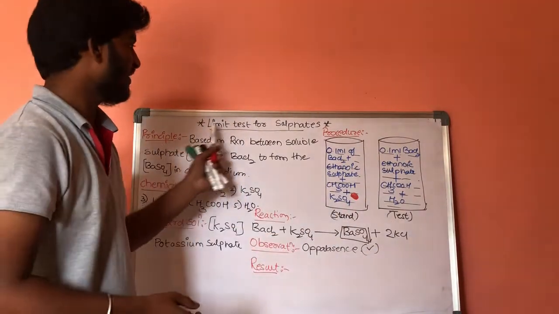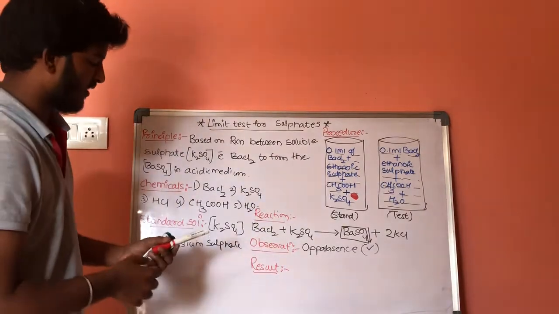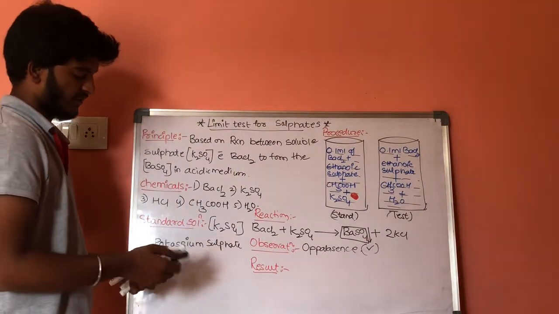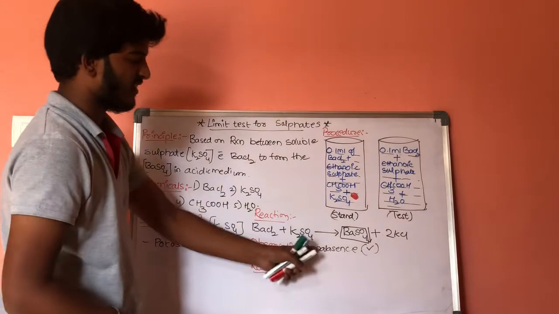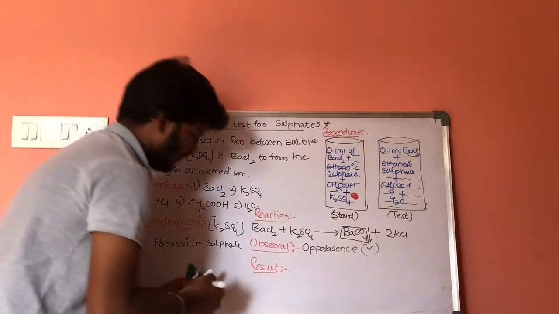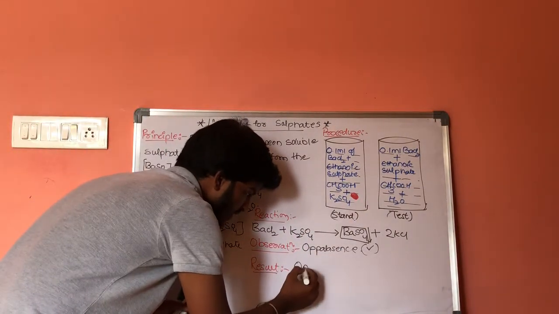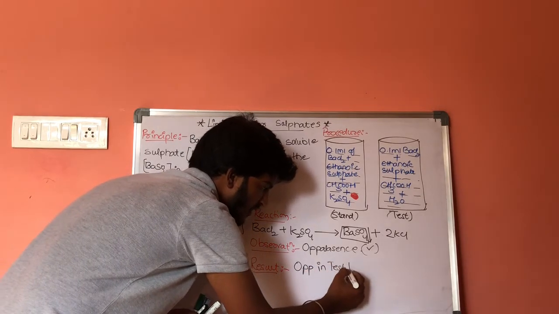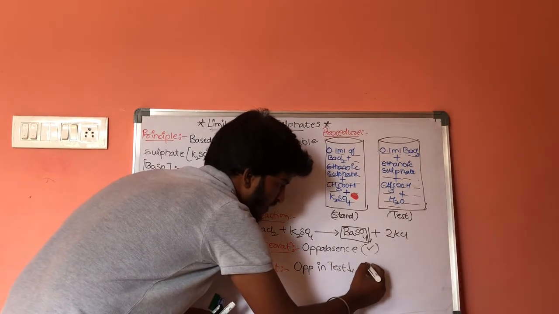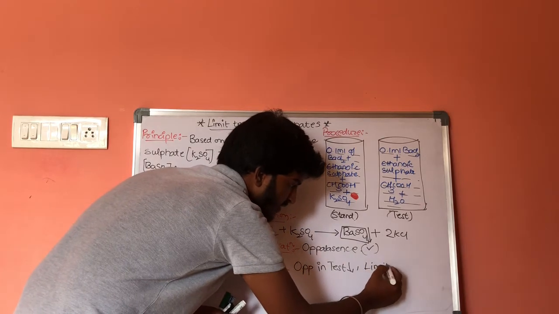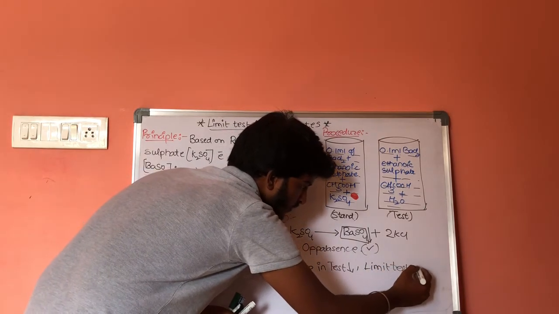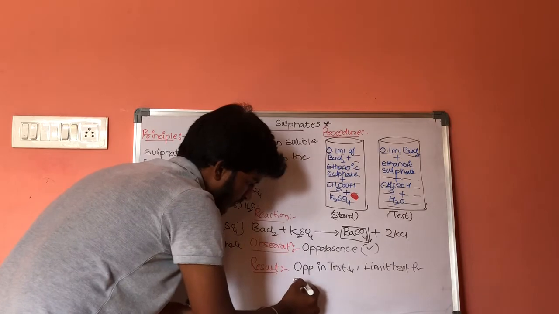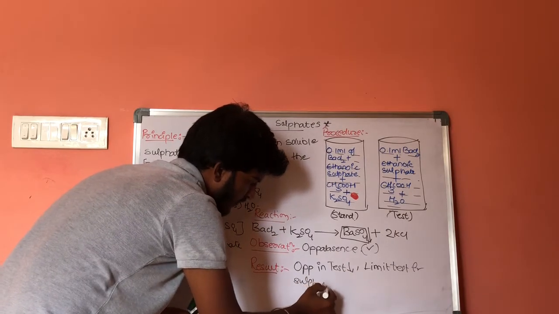Then the limit test of sulfate is correct. That is, the opalescence in the test solution is lesser, so the limit test for sulfates is passed.